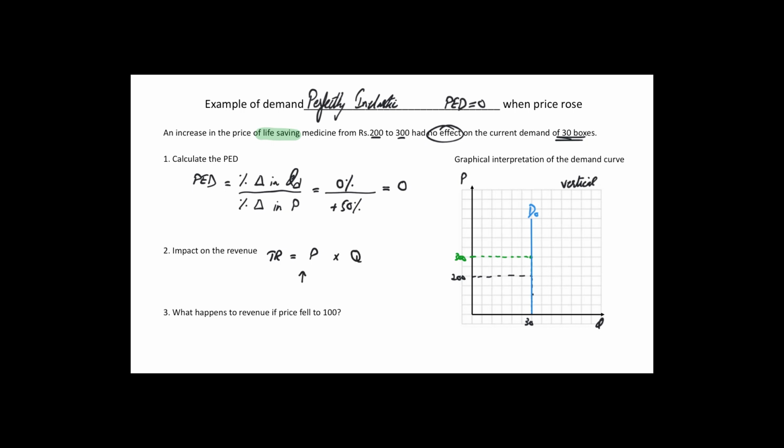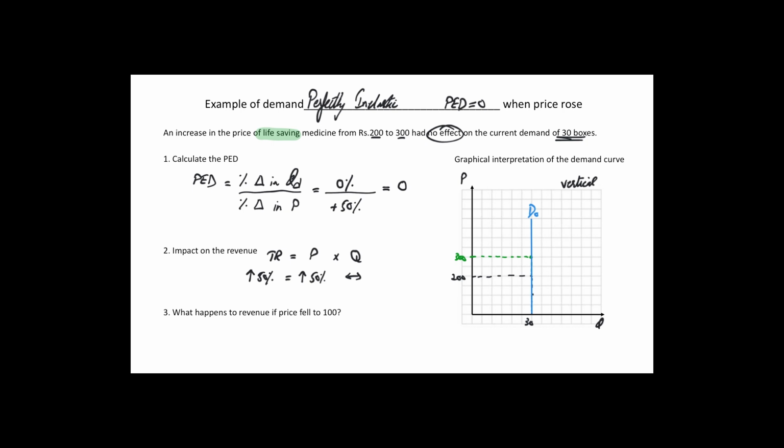Price goes up by 50% and quantity did not change. So your revenue is going to go up by 50% as well. Do you see that? Because there is no change in the quantity, there is no fall in the quantity. So by whatever amount you increase the price, your quantity is not going to change and you're just going to make that much more profit.